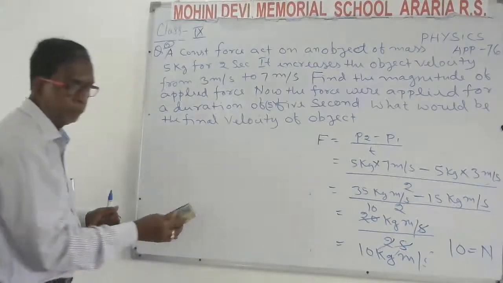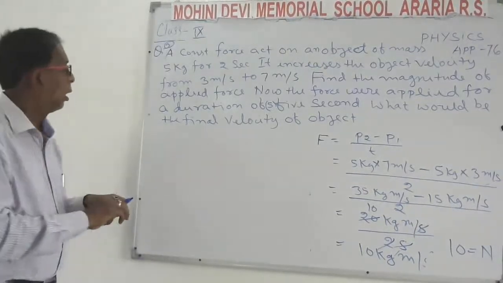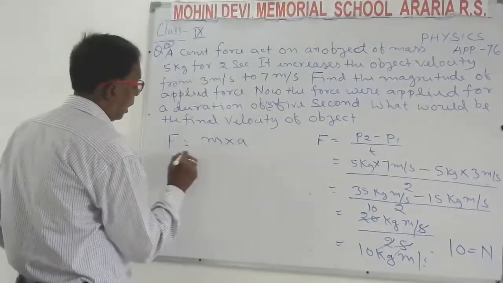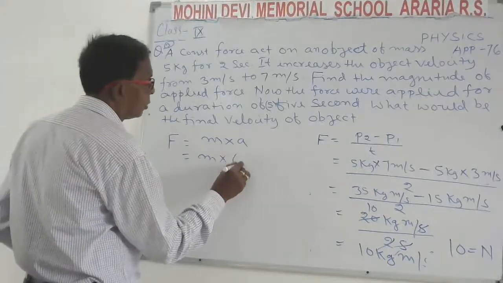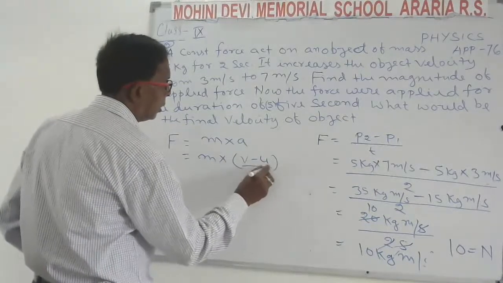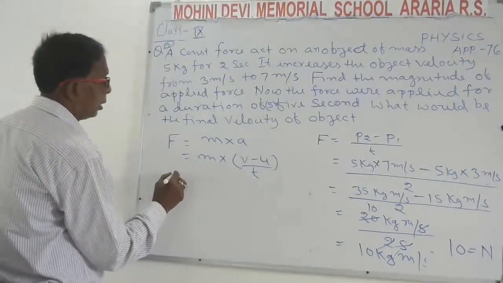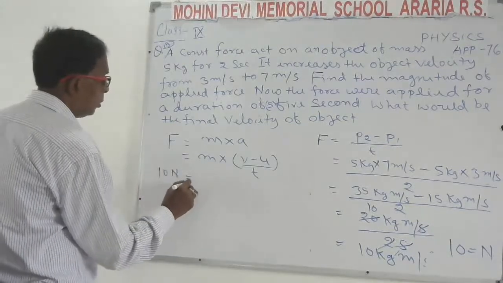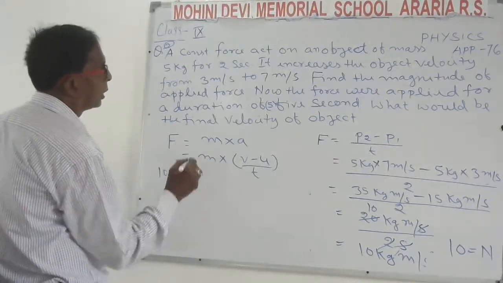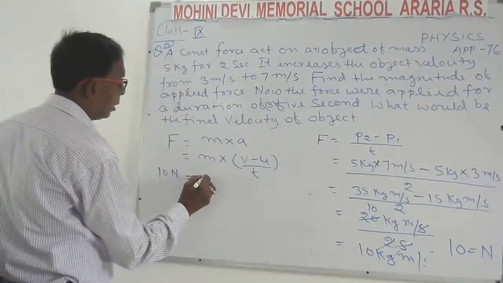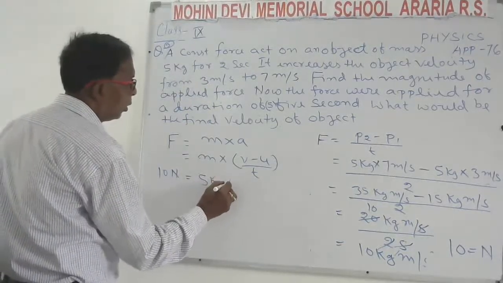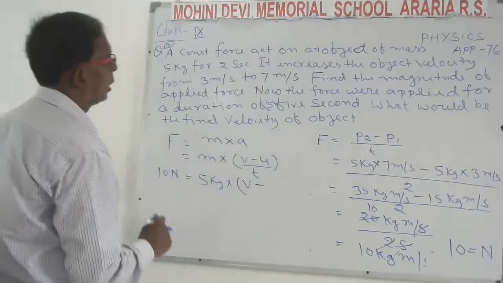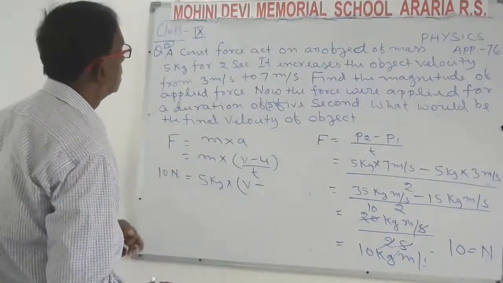You know F is equal to M into A, and A is equal to V minus U by T. You know the value of the force, 10 Newton. You know the value of mass, that is 5 kg. You do not know the final velocity, but you know the initial velocity.